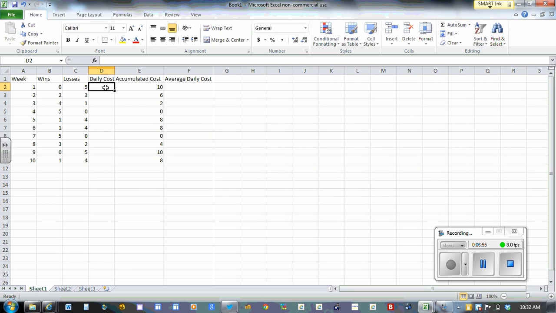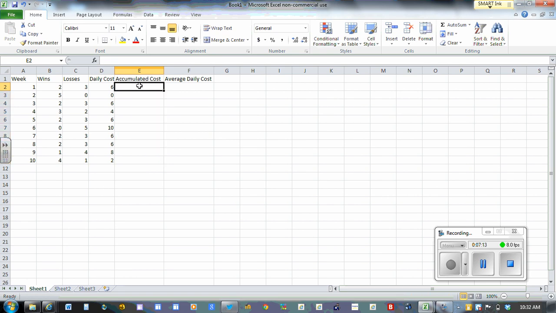Okay, and in that column we're going to have the formula that corresponds to those cell values. Okay, the accumulated cost is going to be something entirely different.